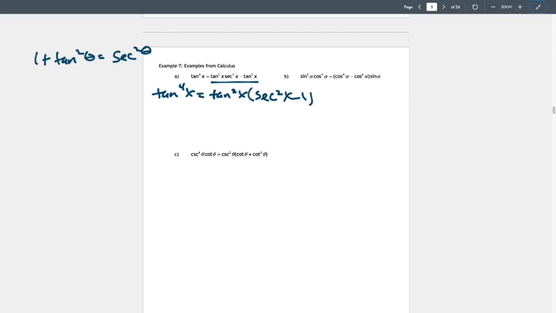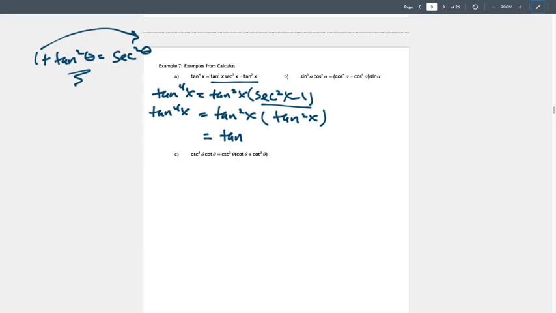I'm trying to get where I only have tangent to the fourth, so I'm going to replace this. If I move the 1 over, it's the same thing as tangent squared. So replace it with tangent squared. When you multiply tangent squared times tangent squared, you get tangent to the fourth x. And you're done.